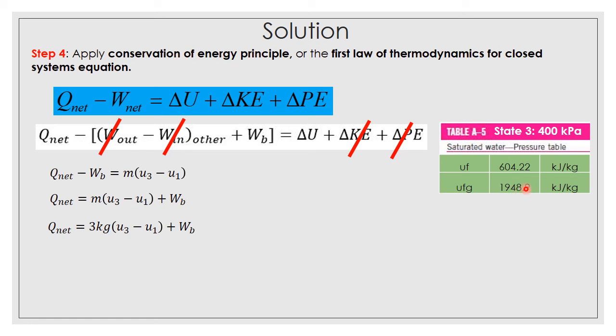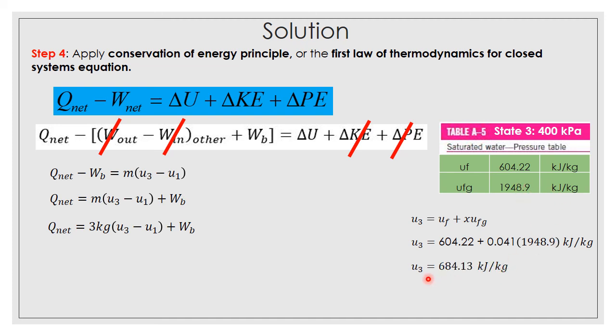uf is 604.22 and ufg is 1948.9. Then insert in the equation to obtain U3, which is uf plus x ufg, where x is the quality of state 3 that we already calculated previously. So U3 equals 604.22 plus 0.041 times 1948.9 from the table.